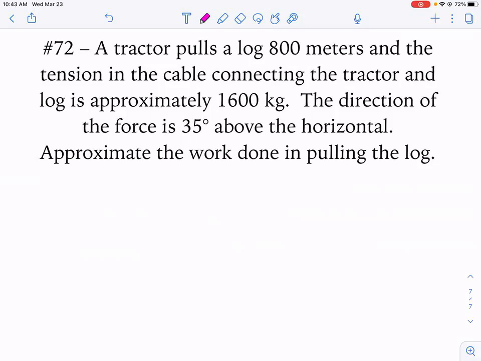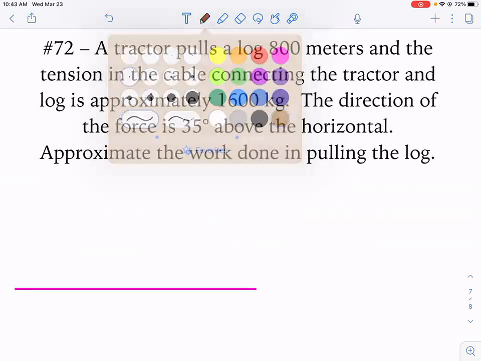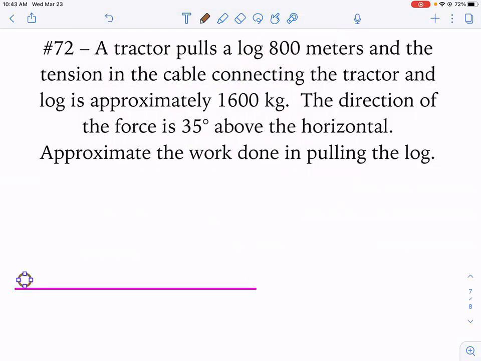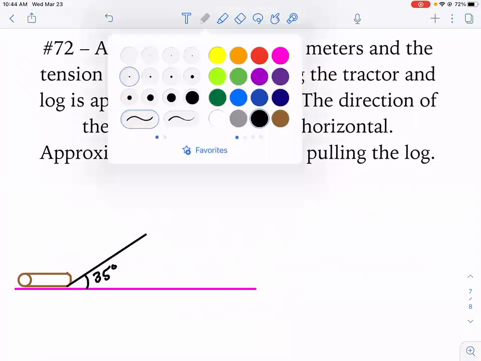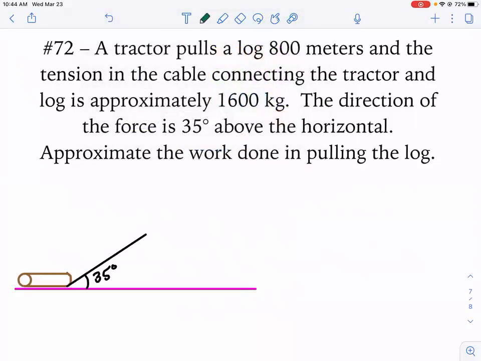Okay, we have a field. In our field, there is a log. This log is connected at a 35-degree angle to a green tractor.